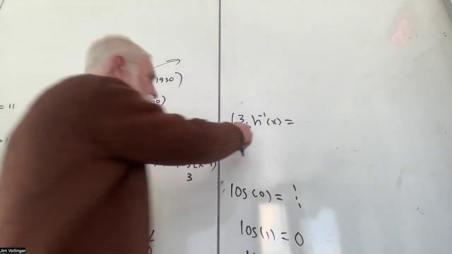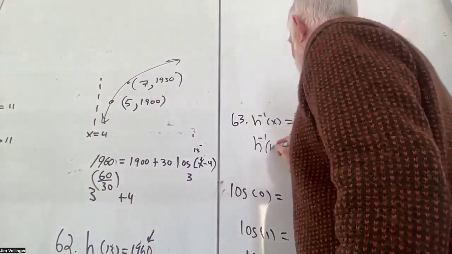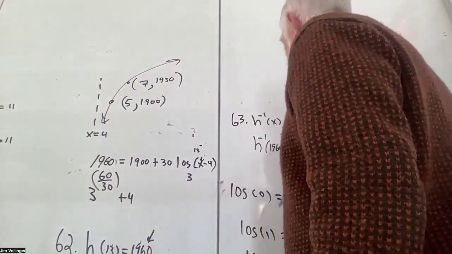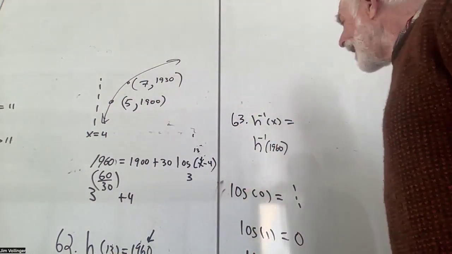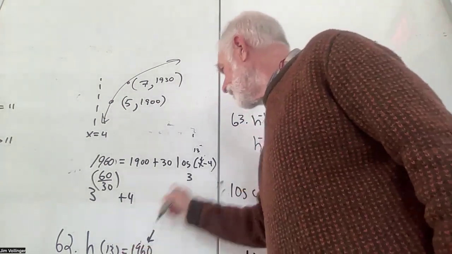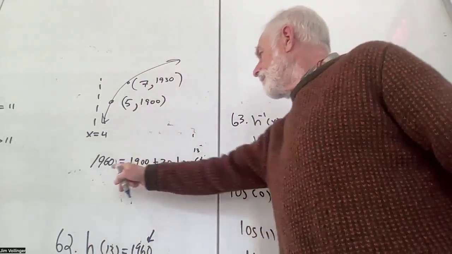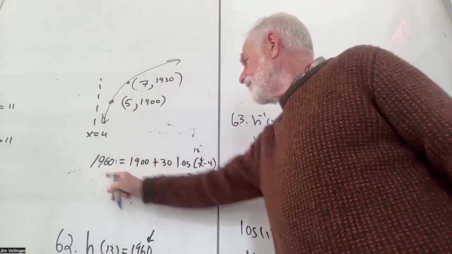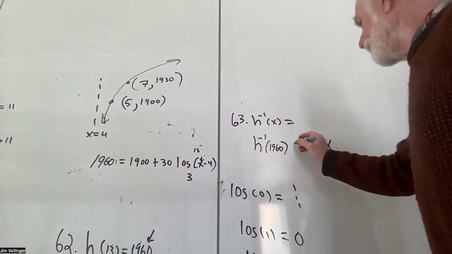Over here, the inverse is dealing with 1960, and we want to get the answer 13. Well, we got to go backwards here. We just have to follow the steps of solving this equation. Now, what was the first step? First step was plugging this in, but because we're making it a function, we're going to plug it in here, right?